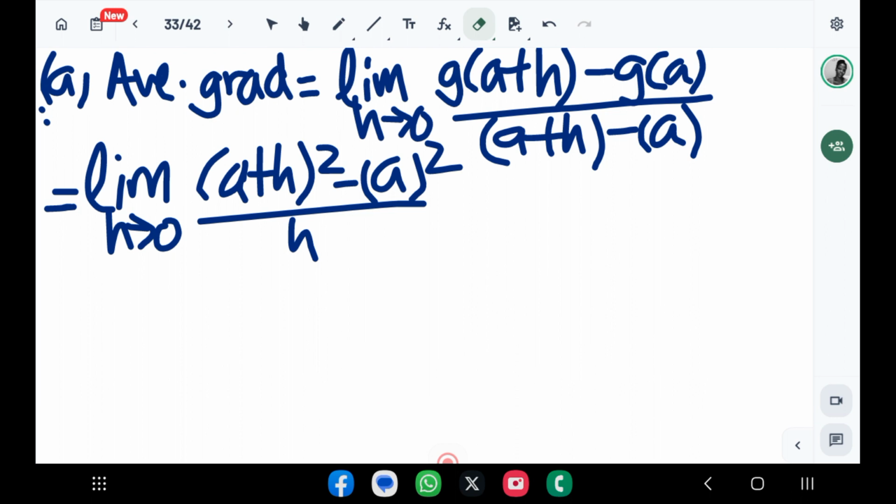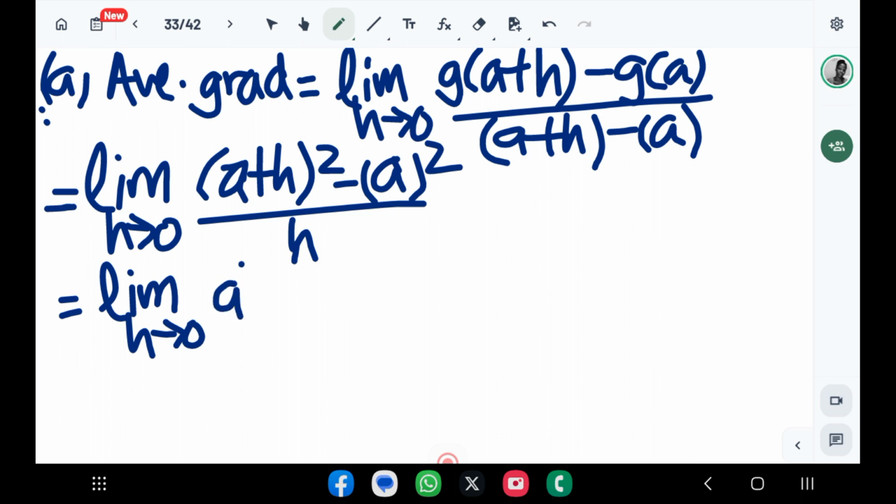The limit as h tends to 0 of this you're going to do in more detail in grade 12. You're going to have a whole chapter on differential calculus which specializes on this.